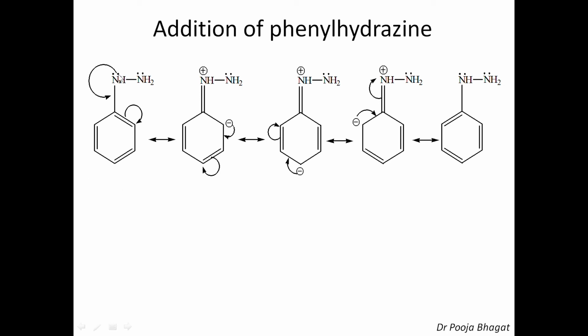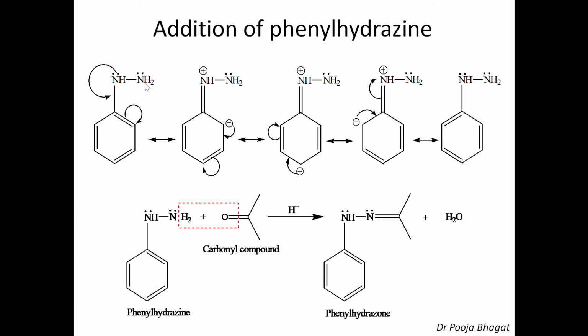Therefore, the electron pair availability on this nitrogen is very less. Since electron pair availability is very less, it is a weaker nucleophile in comparison to this nitrogen. So if we compare the nucleophilicity of the two nitrogens, this nitrogen is more nucleophilic than this nitrogen, and therefore this nitrogen will react with the carbonyl group. Am I clear?